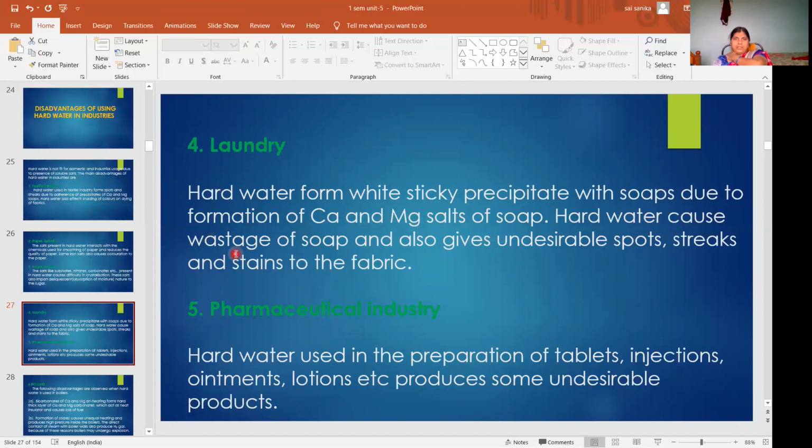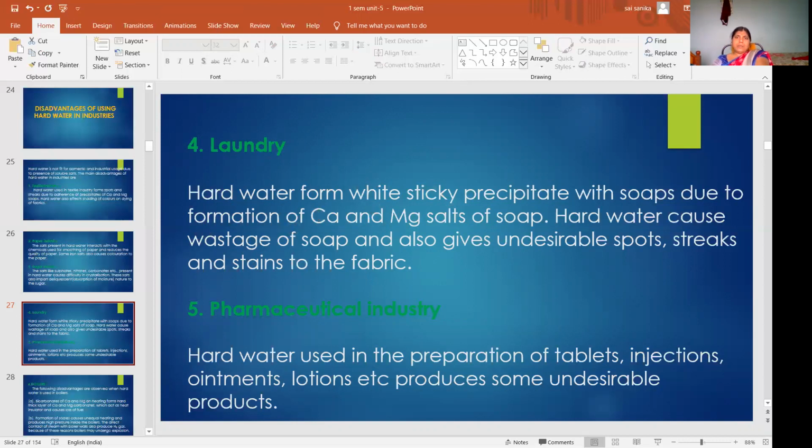Hard water causes wastage of soap and also gives undesirable spots, streaks and stains to the fabric. So when soap is added to hard water, the calcium and magnesium salts present in the hard water form what? They form a white sticky precipitate.